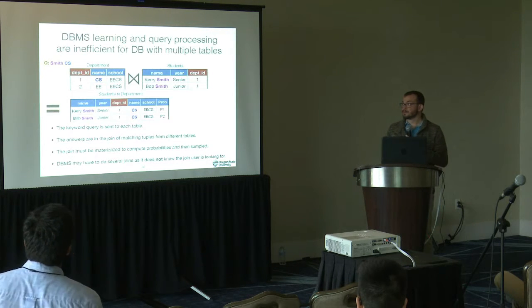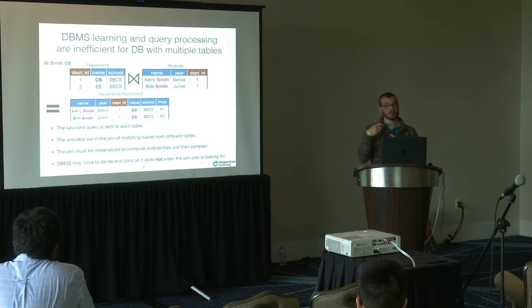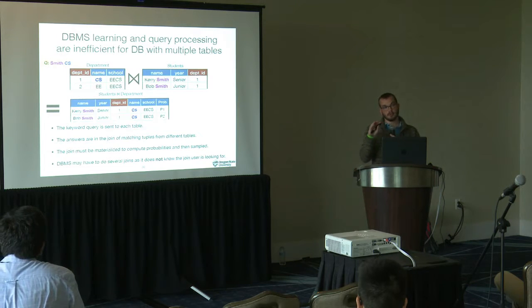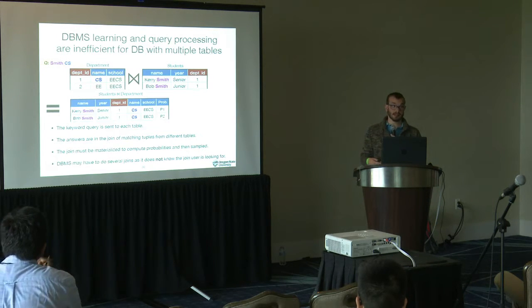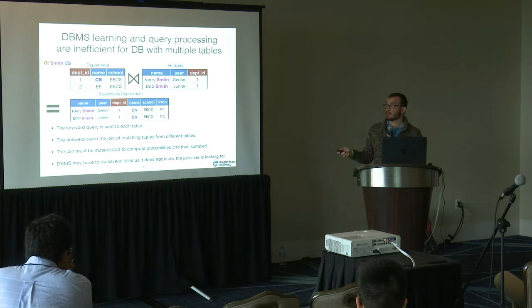Okay. Now, when we have keyword queries over multiple tables, we may have to join those tables, and that can be quite time-consuming. So here we have another keyword query, Smith CS, and we have 2 tables, department and students. In order to find the student that's in the CS department, we have to join these tables together.